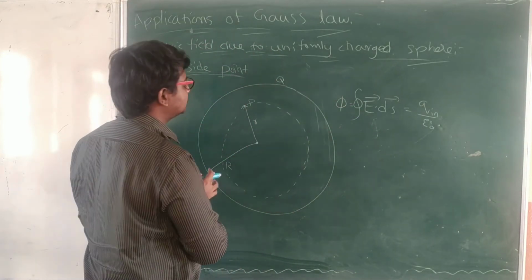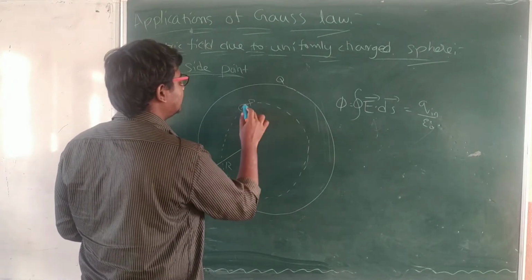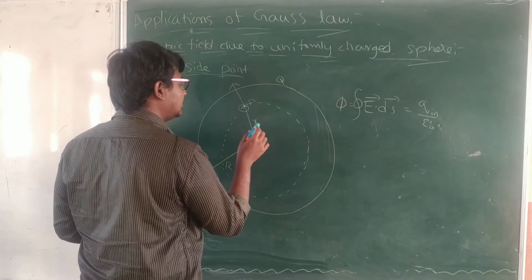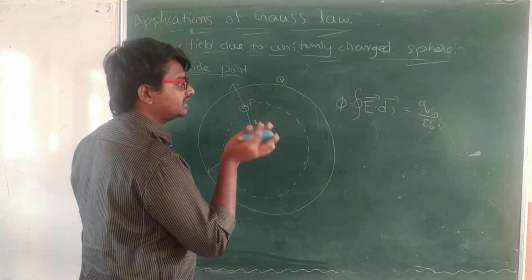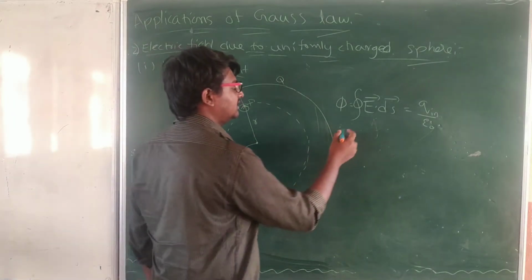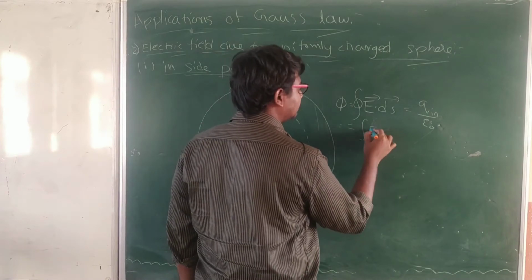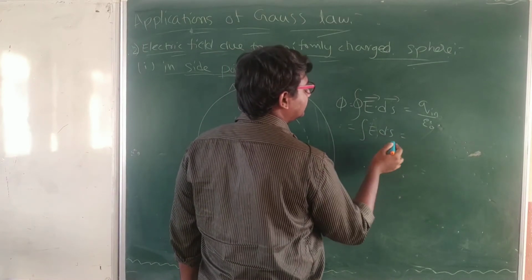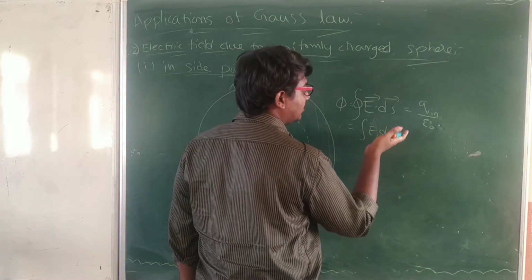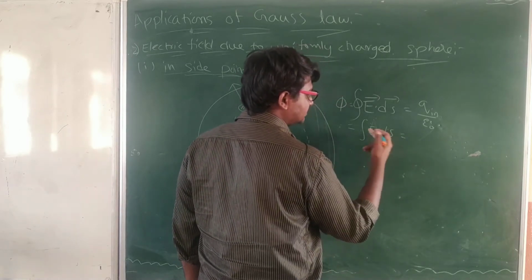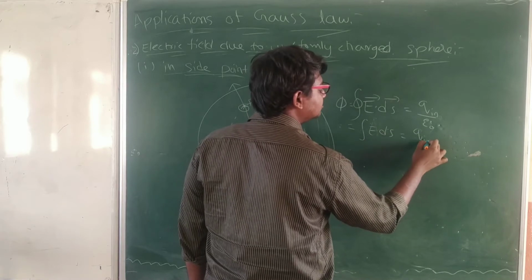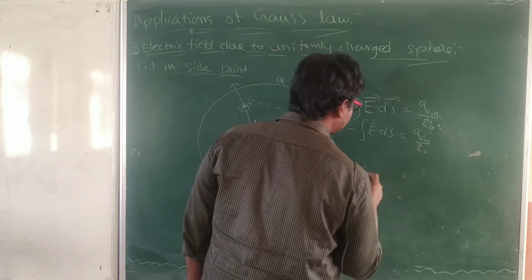If you consider a small area, again the electric field and the normal of the surface make an angle of 0 degrees with each other. That's why we consider integral E ds directly, since cos 0 is 1. So E ds cos 0, that is E ds only, equals Q inside by epsilon naught.